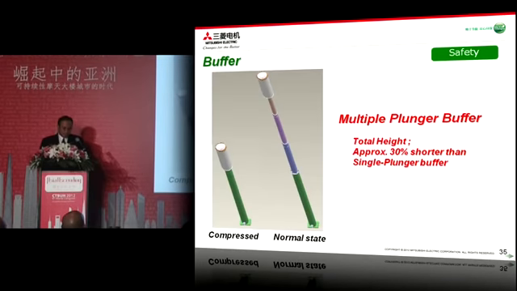In order to minimize vertical shaft dimensions such as pit depth and overhead, we have applied a multiple plunger buffer, say a telescopic buffer. So the total length of the buffer can be reduced by approximately 30% shorter than for a single plunger.